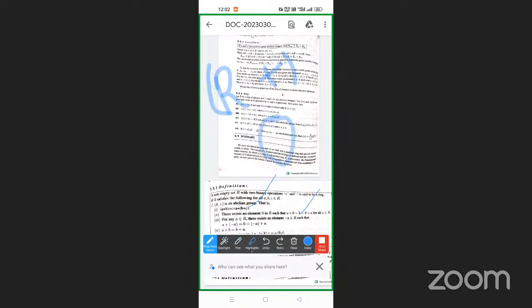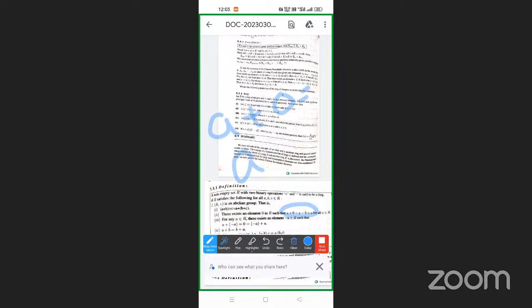Then there exists 0 in capital R, so 0 is the identity element with respect to addition, such that a + 0 equals a, which equals 0 + a, for all a belongs to R. So this is the condition for identity with respect to addition. The additive identity is always 0.